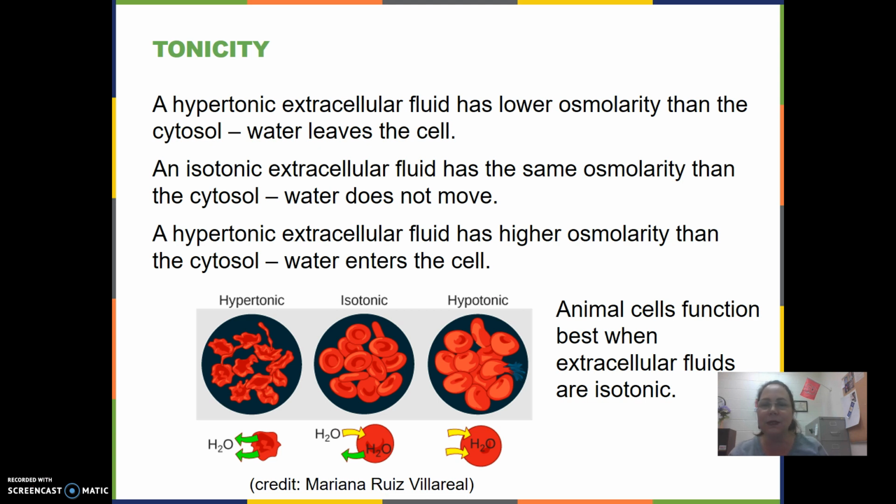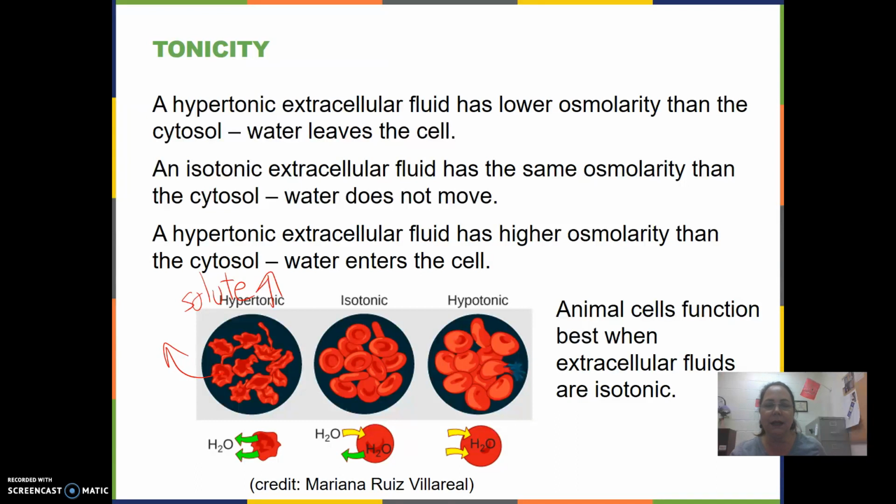So if an animal cell is placed in a hypertonic solution and water follows solute, hypertonic means that the solute concentration is higher outside the cell. So if water follows solute, water is going to leave these red blood cells. The red blood cells are going to shrink and shrivel, which is not healthy for the cells.